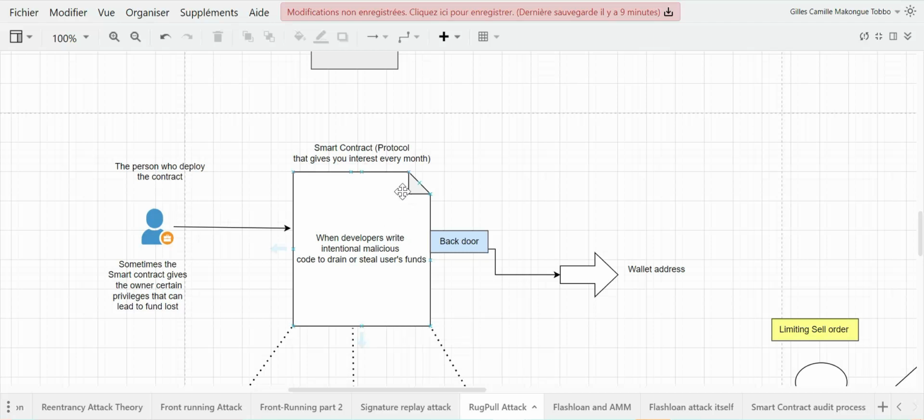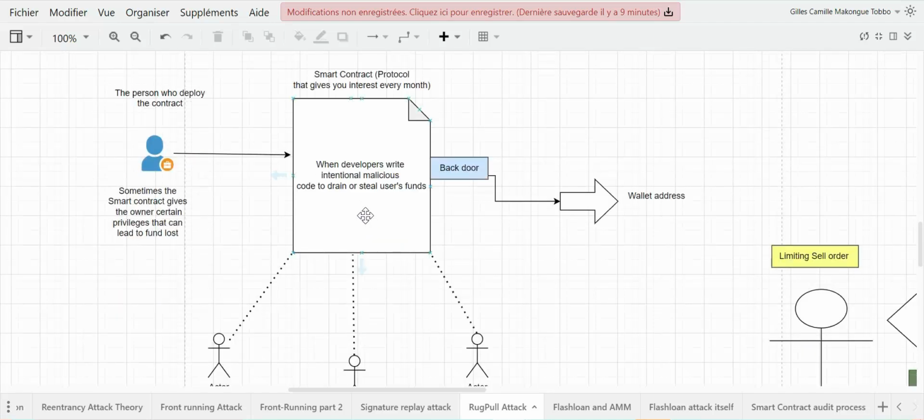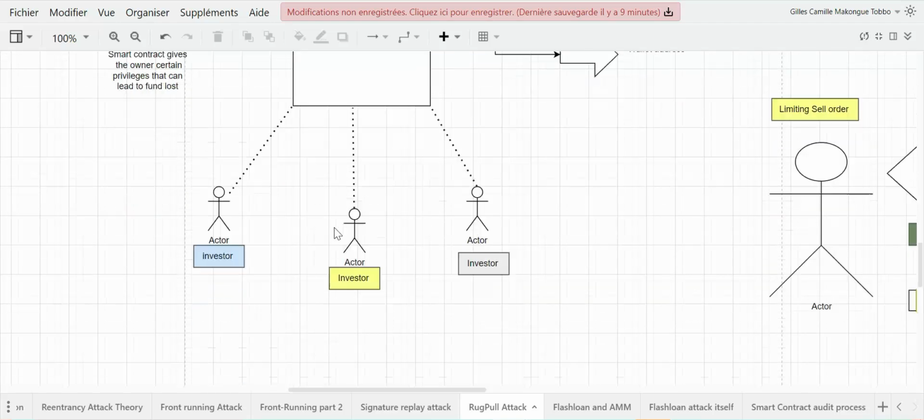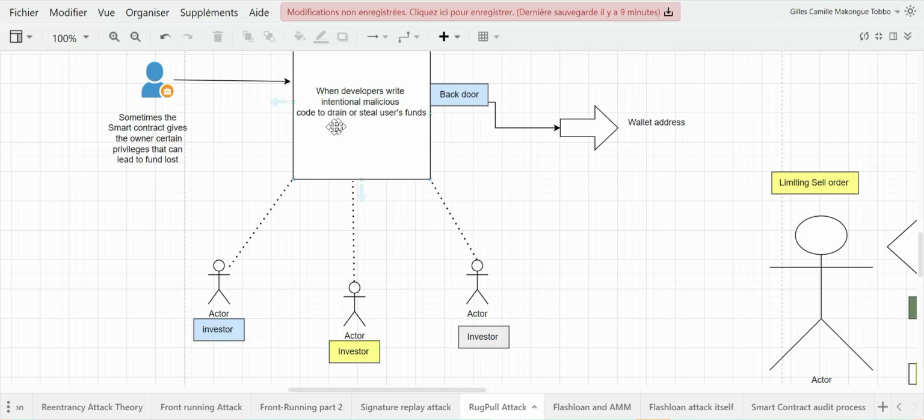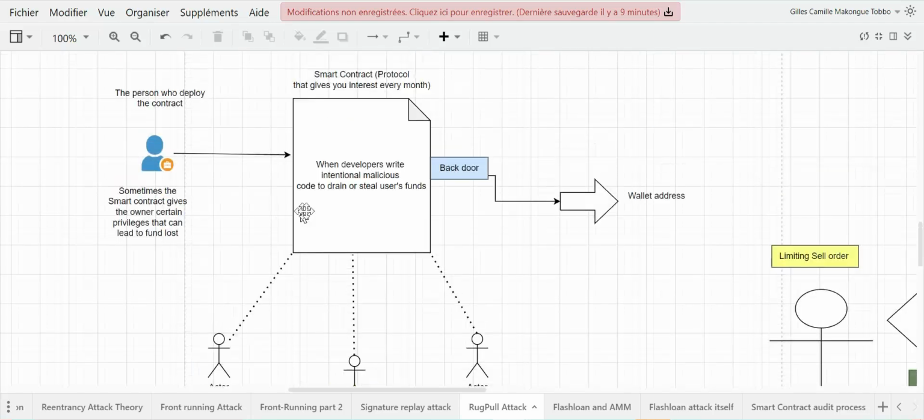Let's say this smart contract is a protocol, okay? And that protocol is supposed to give you interest every month, or let's say every week. So if you deposit like $10 in that protocol, every week you're going to have 10 plus one. You're going to have 11.